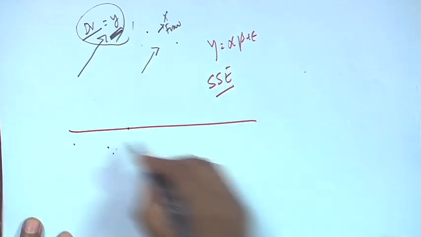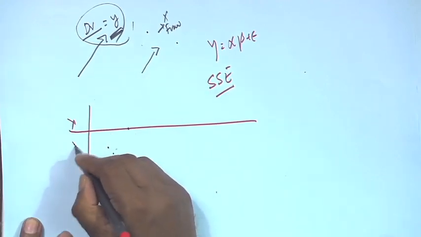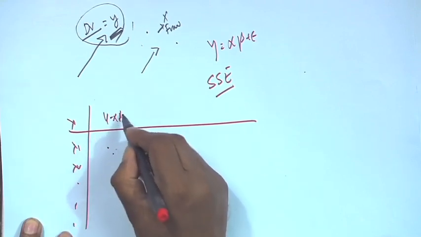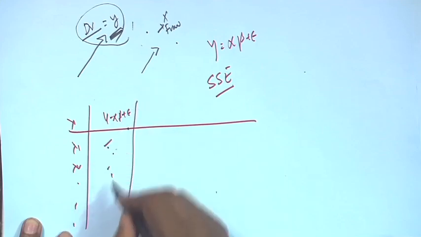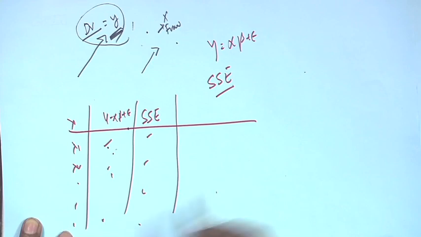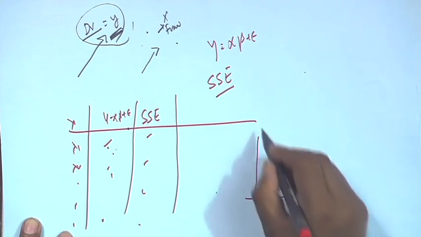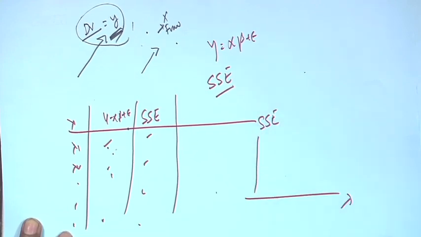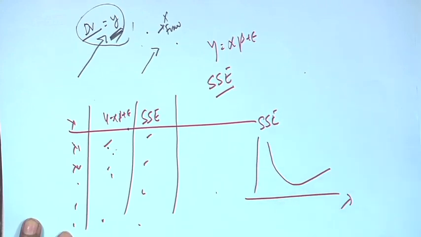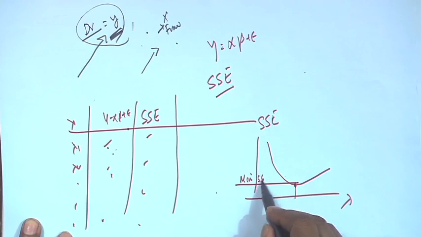So, you will choose different lambda values, then fit the model y equal to X beta plus epsilon, calculate SSE, and then plot lambda versus SSE. You will find a curve like this, where this lambda is giving you the minimum SSE value.